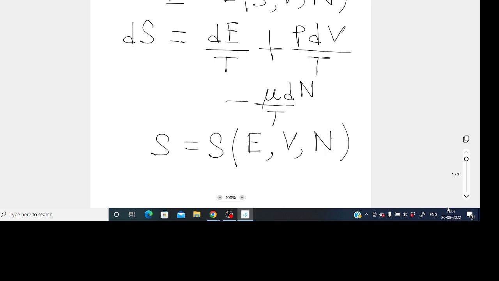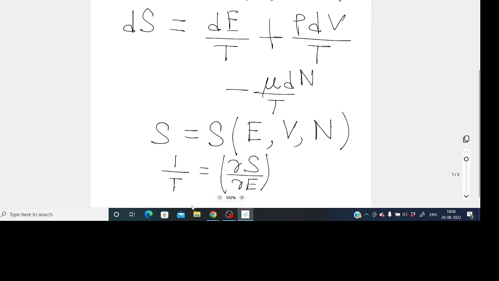So the change of S is written in terms of the change of E, change of V and change of N. I mean dE, dV and dN. So S is a function of E, V and N. And here you can see that this 1 by T is actually the first order derivative of S with respect to E with V and N constant.